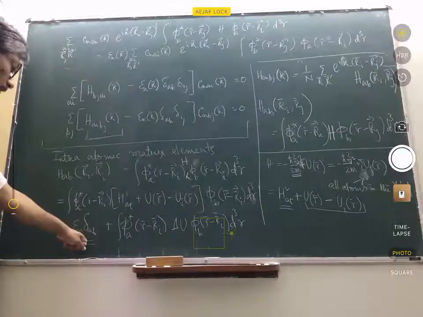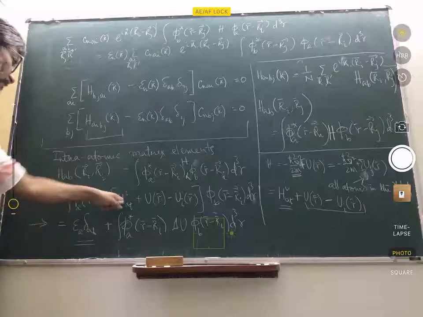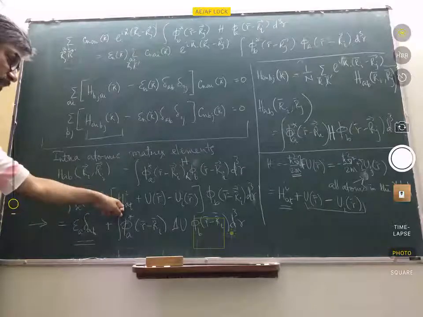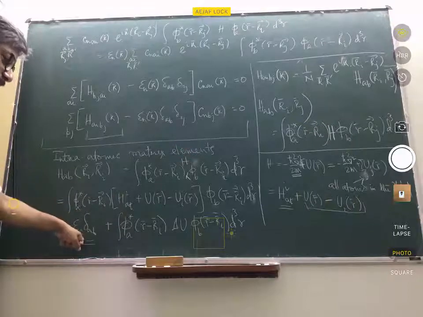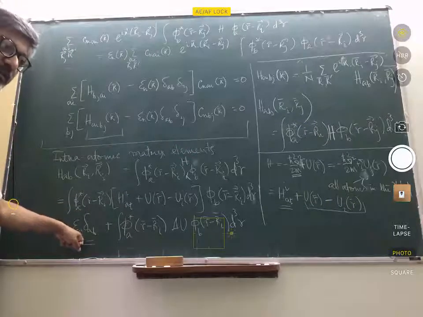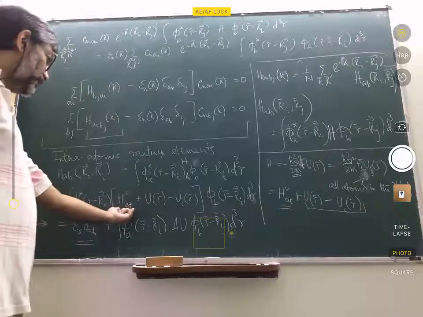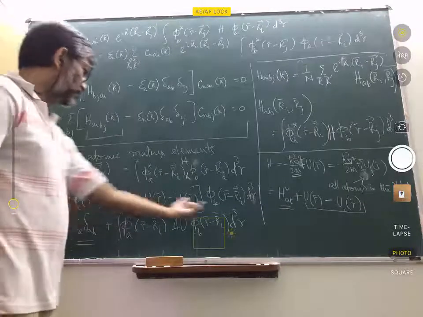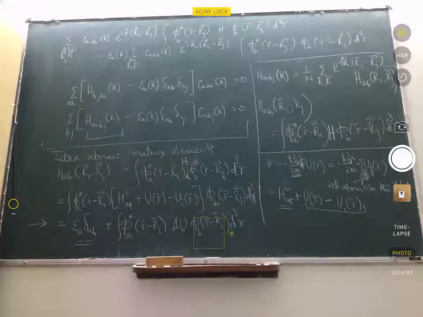Yes, sir. It doesn't matter. You have a delta A beta. Yeah, that is my point. This can very well act on this as well. This is a Hermitian operator, so it doesn't make a difference whether you write epsilon A here or B here. So this matrix element of this between these two functions would give you this. Yes. Okay.